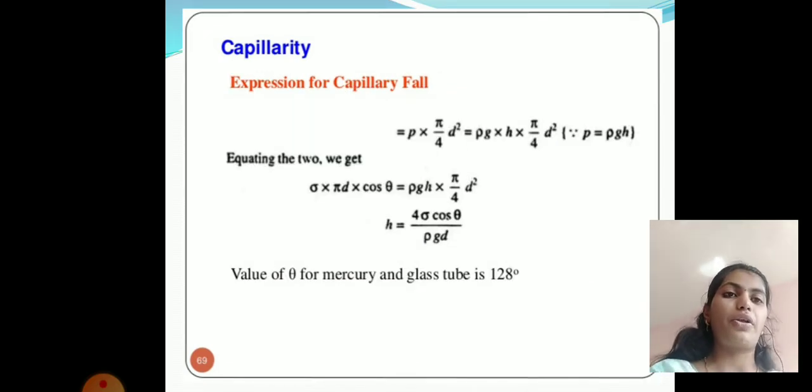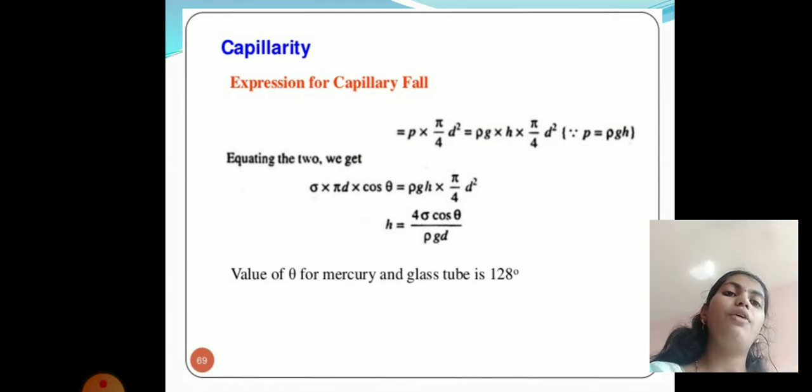Then the expression for capillary fall is rho g H into pi divided by 4 into diameter squared. The final expression for the height of capillary fall is H equals 4 sigma cos theta divided by rho G D.